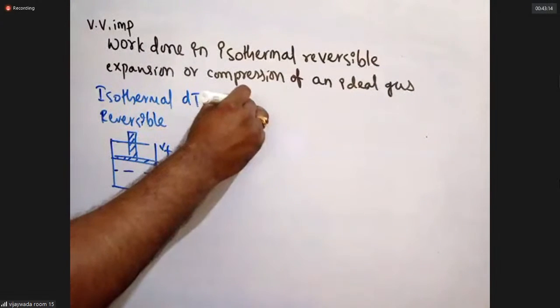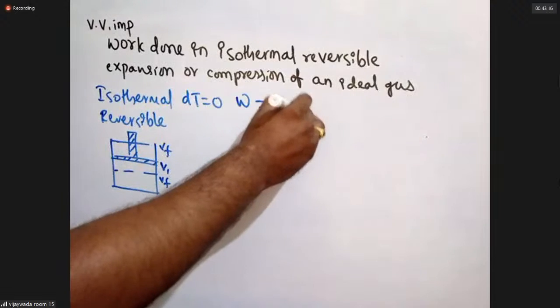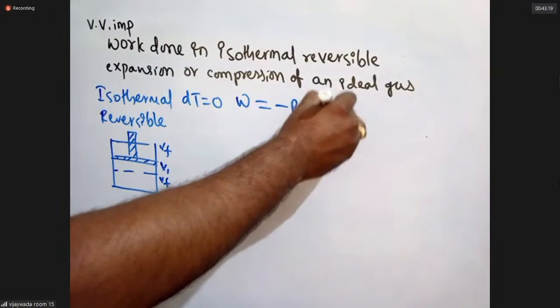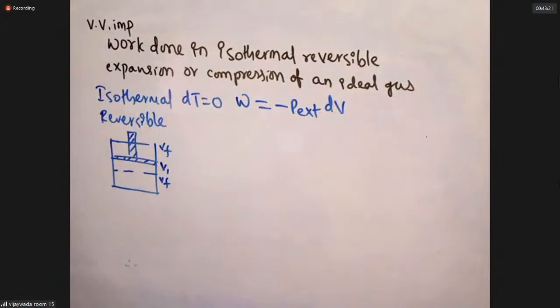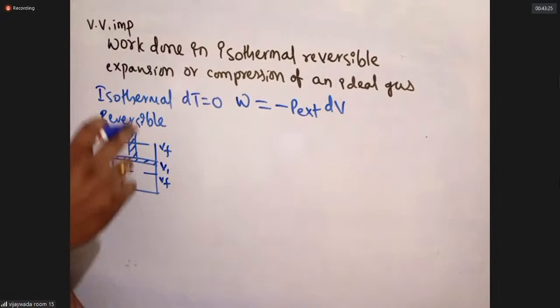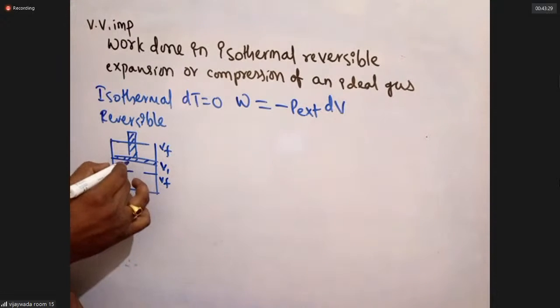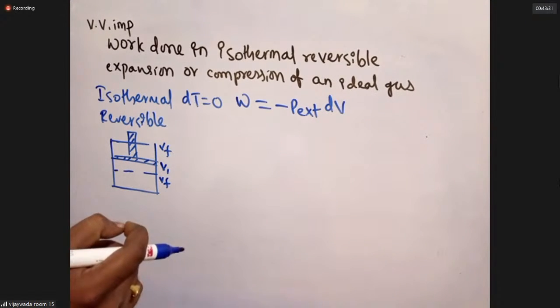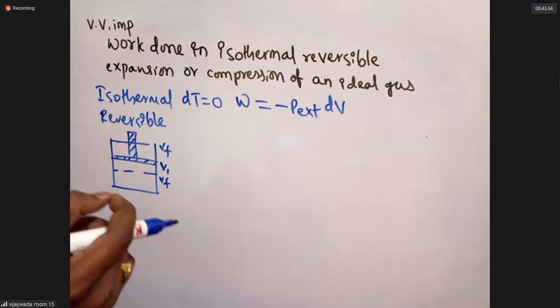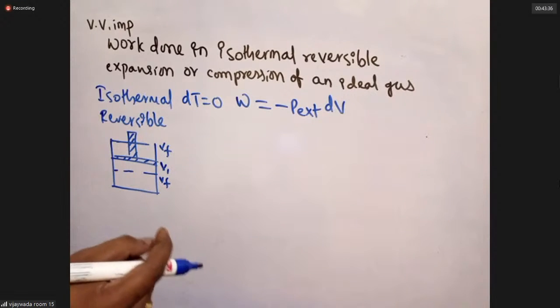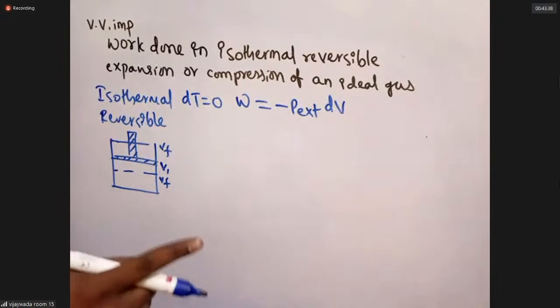Work done formula equal to minus P external into dV. This is the formula, we know that. Students, I am saying it is a reversible process. What is reversible? At any time, if you change very little, the process is reversed. I already explained in a reversible process.